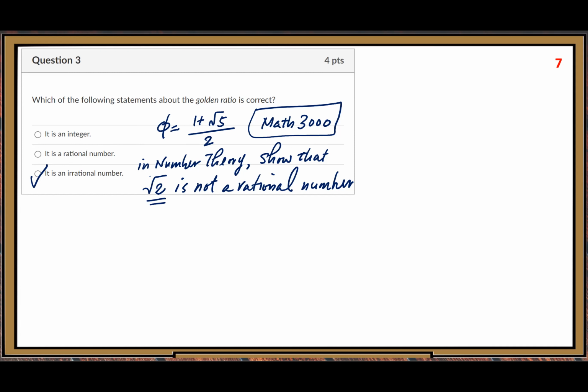But you can use the same way to show that root 5 is also an irrational number. So if you know this concept, then it is very easy. But in this question, you do not need to prove it. Here, I just give you the background.